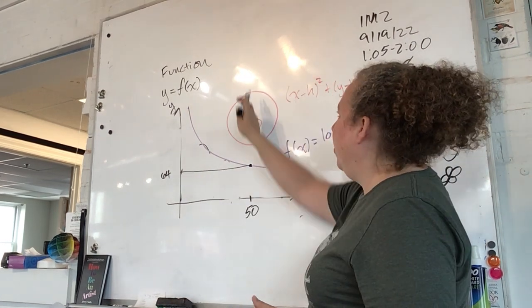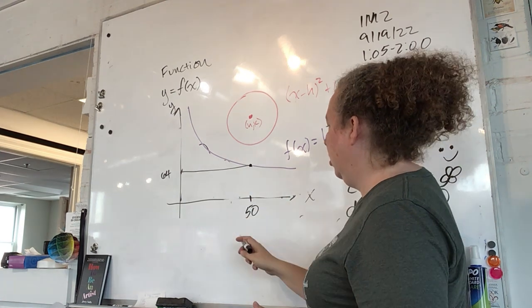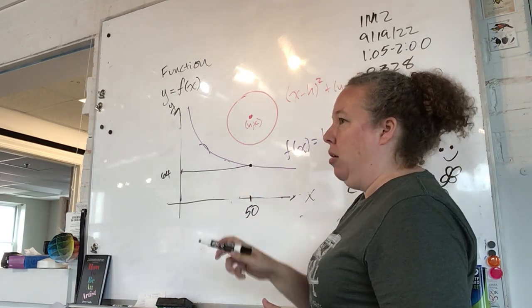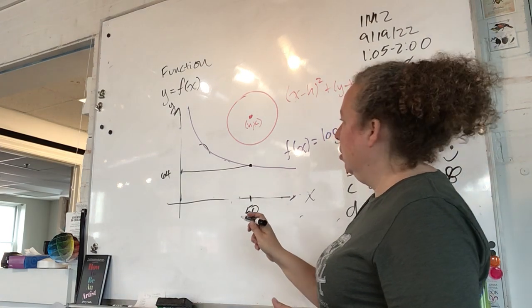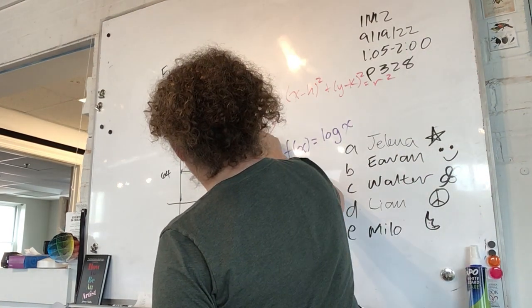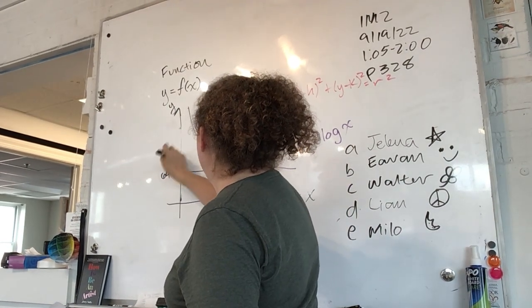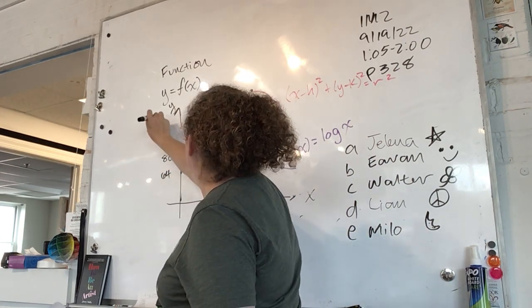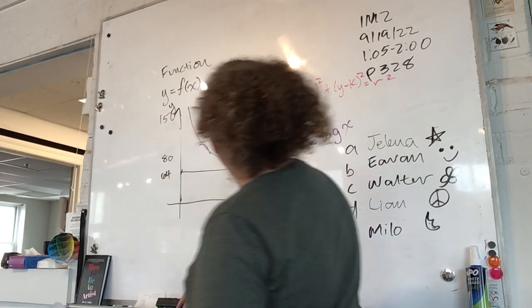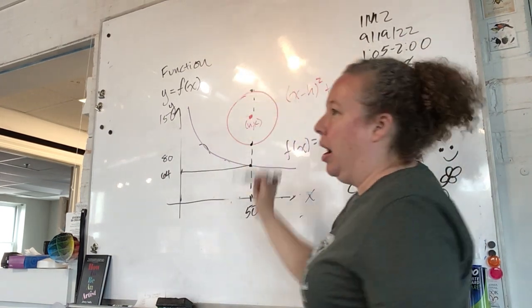When we plug in 50 into this circle equation, what do we get out? Two numbers. So maybe that's 80 and, I don't know, 150. When we go up here, we hit the graph twice.